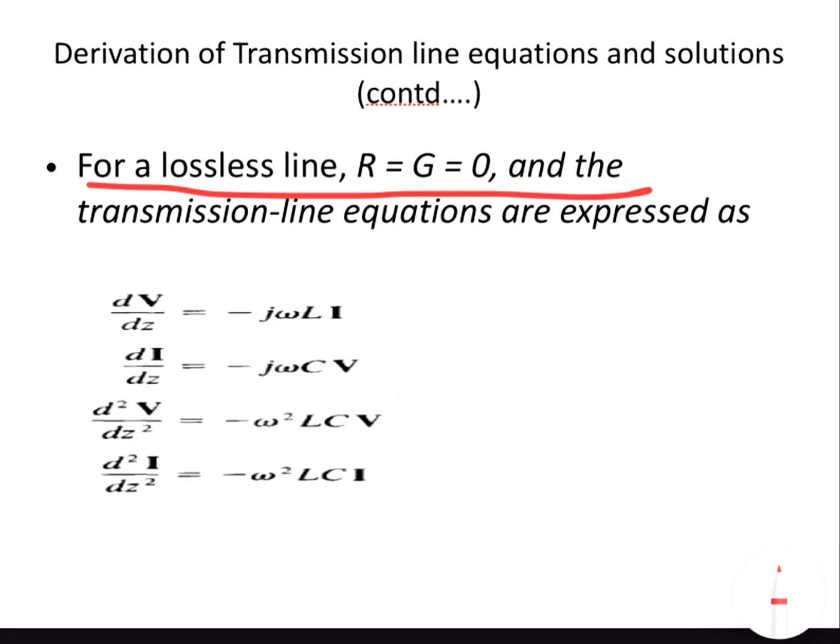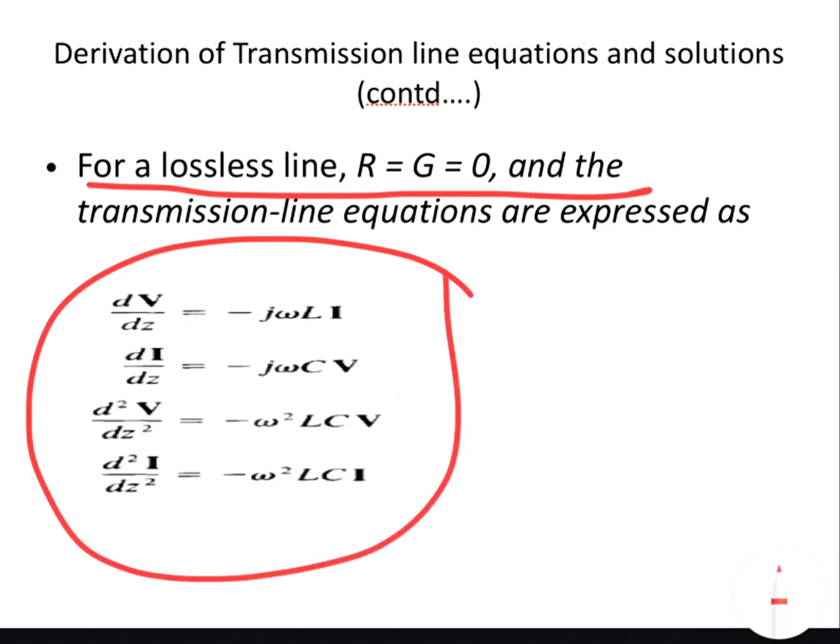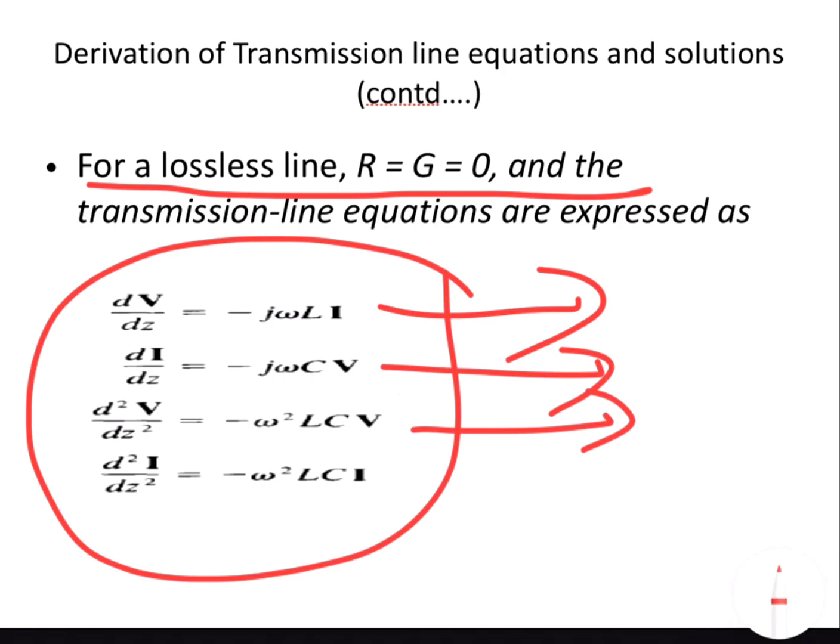So whenever the resistance R and the conductance G are equal to 0, the final equations for the voltage and current in a transmission line are expressed as dV by dz is equal to minus j omega L into I, and dI by dz is equal to minus j omega C into V, and d square V by dz square is equal to minus omega square LC V, and d square I by dz square is equal to minus omega square LC into I. So finally, the voltage and current parameters are what is always analyzed.